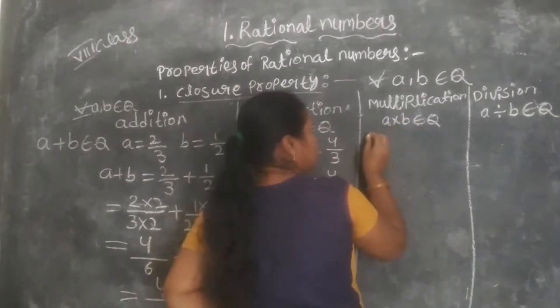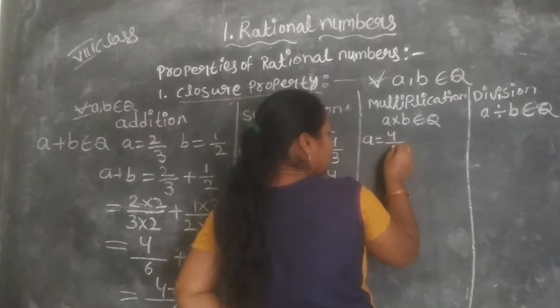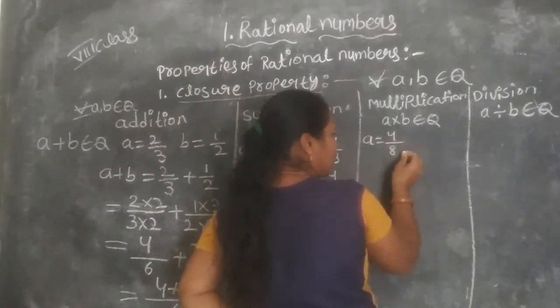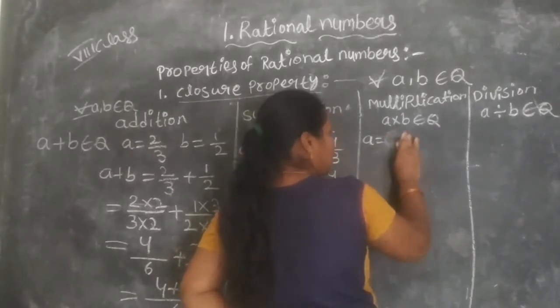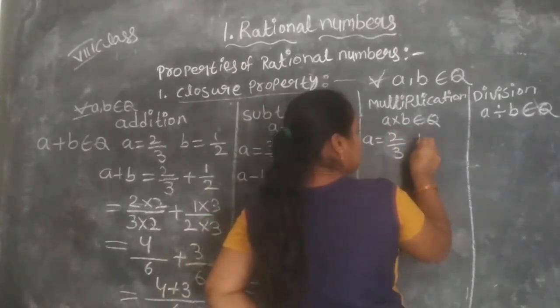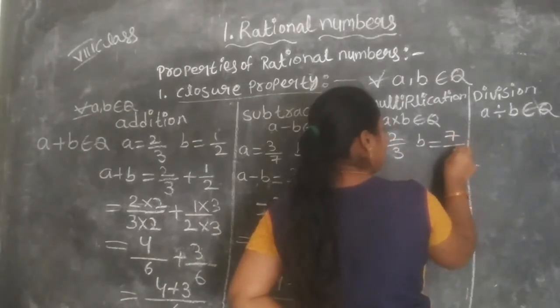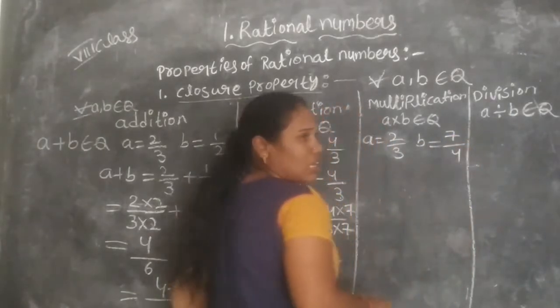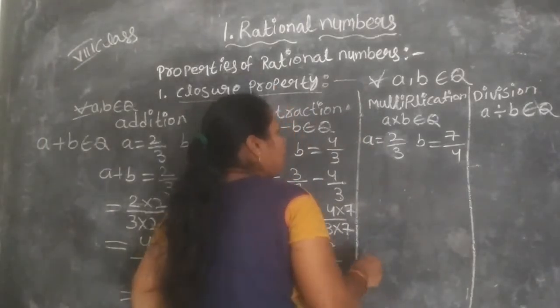So a into b. I am taking a as 2 by 3, and b equal to 7 by 4.